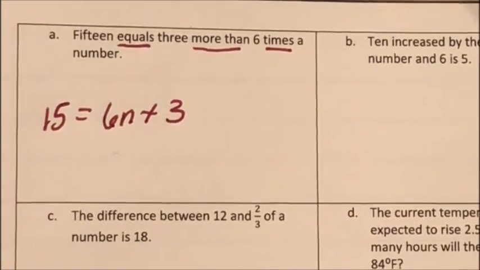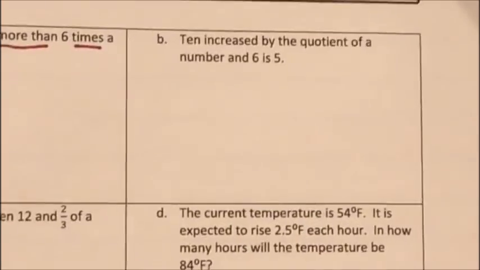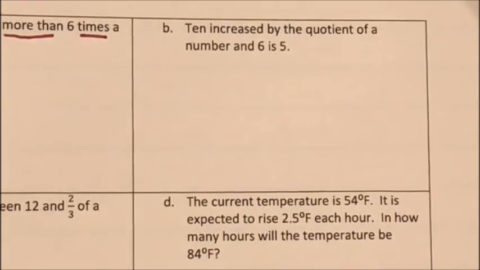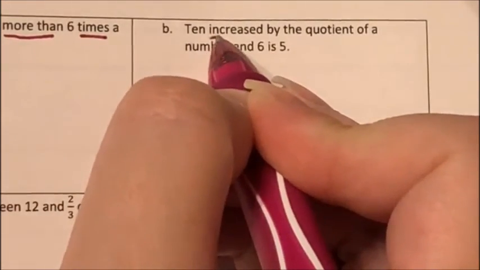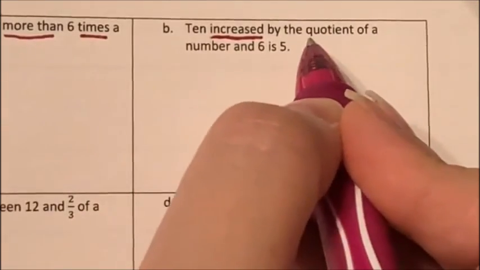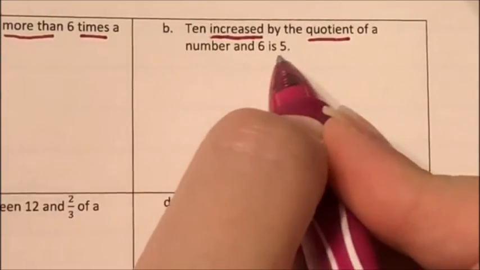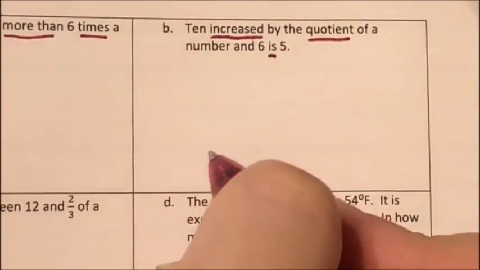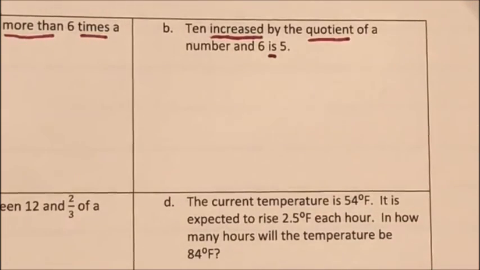Okay. Letter B. 10 increased by the quotient of a number and 6 is 5. So increased, quotient, and is. I'm going to say my variable is n again. All right.